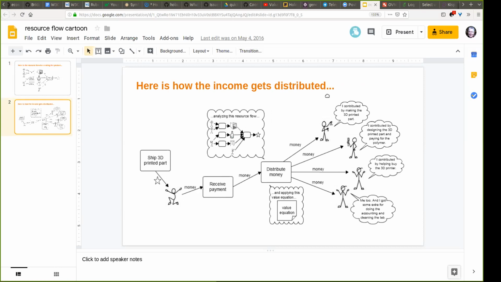I just wanted to say that there is a slide deck explaining all of the design and use of the value equation in quite a lot of detail, with results and so on.